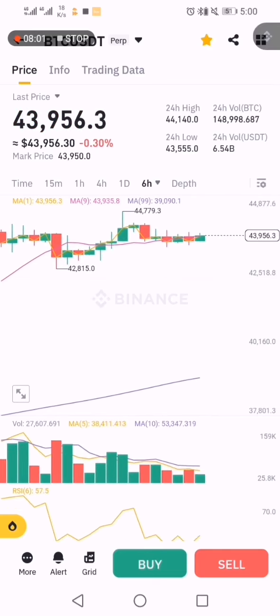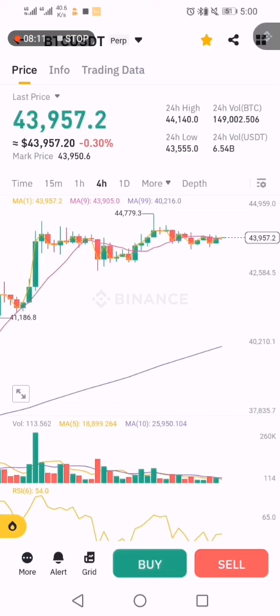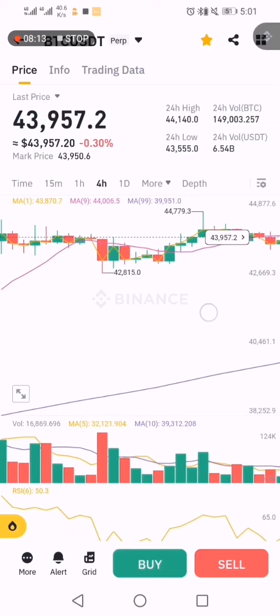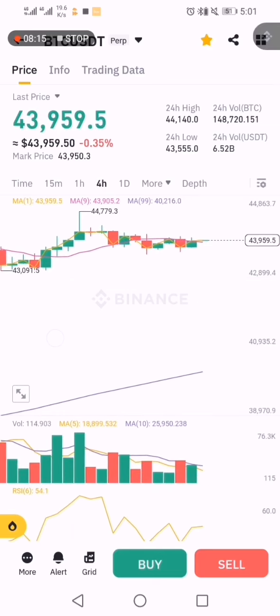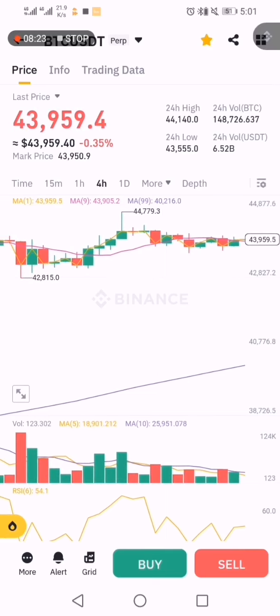Let's check the situation properly to know what is happening. I'm still on the 4 hour time frame, so you can see the volume. Let's change to 1 hour now. Let's narrow it down to 1 hour.